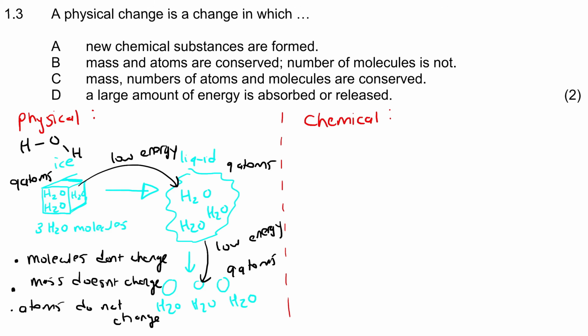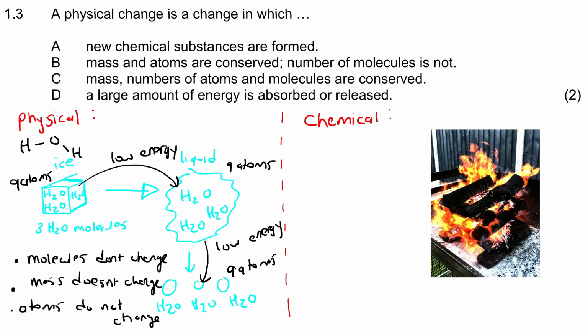Okay, now let's go talk about chemical change. So in a chemical change, this is where we actually create brand new substances. For example, let's say we have a fire. Now what happens is that you start off with some wood. And what would the product of this be? Have you ever seen what a fire looks like the next morning? You've got that white, gray kind of stuff. We can't really see any of it here, but you've all seen it. It's called ash.